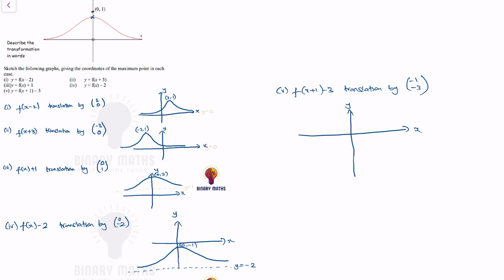So the maximum point was at 0, 1. If I subtract 1, it'll be minus 1. And then if I subtract 3, it'd be minus 2. So at minus 1, minus 2, you have the maximum point. And then it looks like so, which means the asymptote is at y is equal to negative 3.